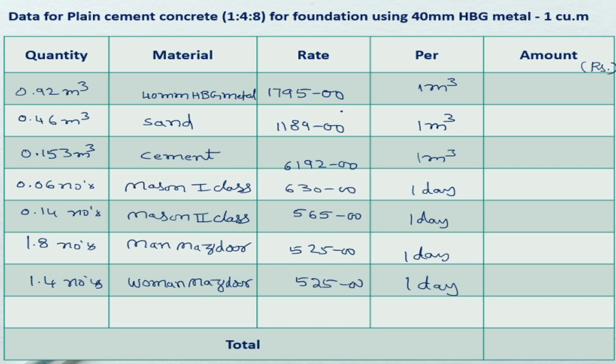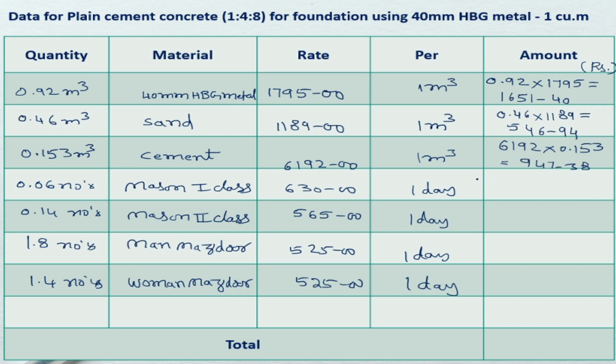So multiply quantity with rate. 0.92 into 1,795 rupees is equal to 1,651 rupees 40 paisa. And the sand amount is 0.46 into 1,189 rupees, which gives 546 rupees 94 paisa. And cement, 6192 into 0.153 is equal to 947 rupees 38 paisa.